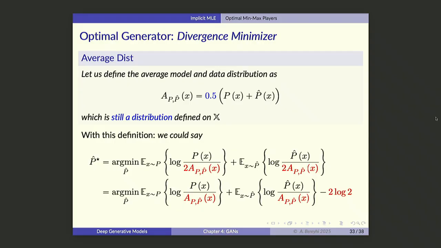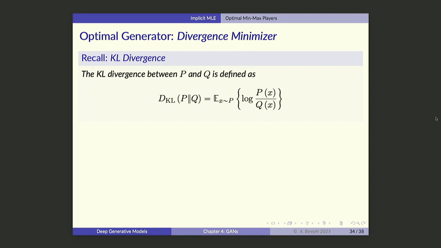Now, looking at one of these expressions, the expectation of x distributed by P of log of P divided by A. What is that? Does it remind you of something specific? KL divergence, great, right? That is KL between P and A. If you remember, KL divergence between P and Q is the expectation with respect to the first guy, P, of log of P divided by Q, right?